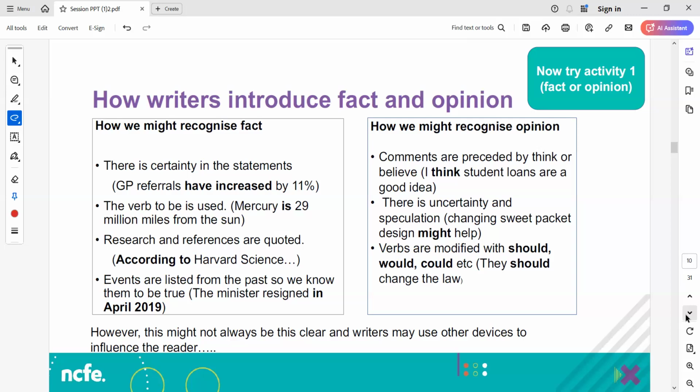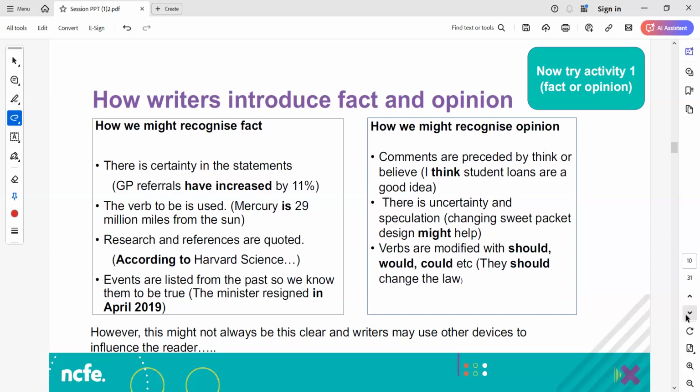The verb to be is used. Mercury is 29 million miles from the sun. So not about, approximately. It is. Research and references are quoted. So you'll find things like according to Harvard Science, according to government figures, according to the article written by such and such a scientist.